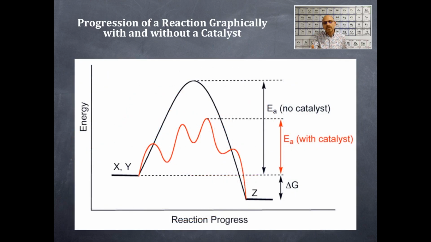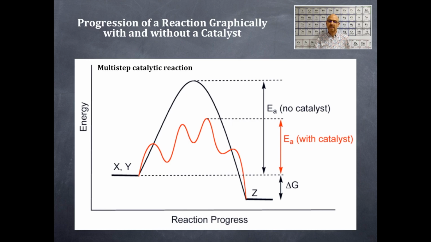All right, I'm going to give you another graphic, and this one is a multi-step catalytic reaction. Notice that the activation energy barrier without a catalyst, the black line, is very, very high. You start off with the reactants, which are the X and the Y. The product is the Z. The red graph is the catalyzed path, and this has not just one activation energy barrier, but multiple.